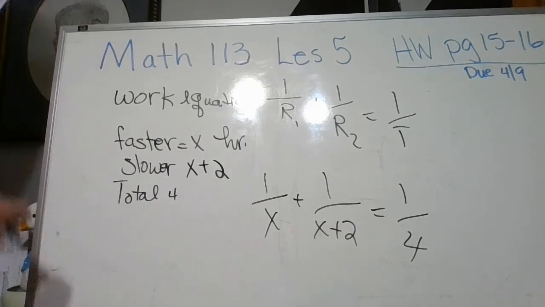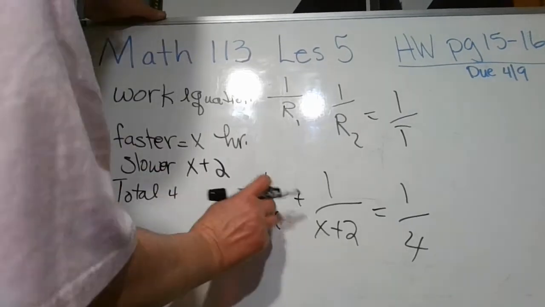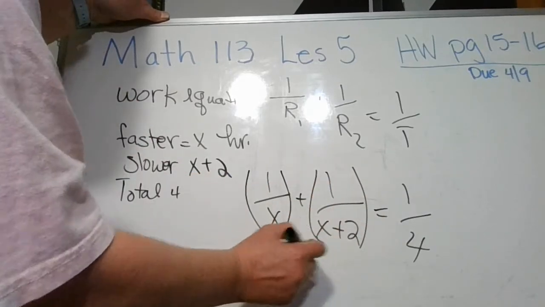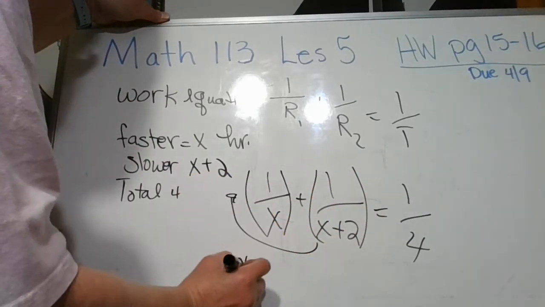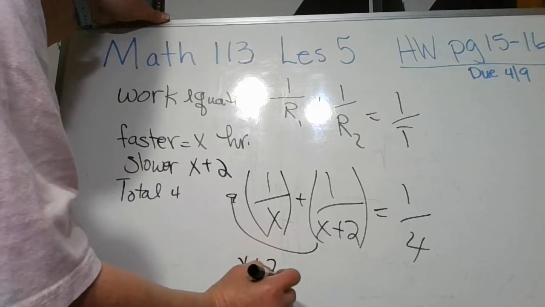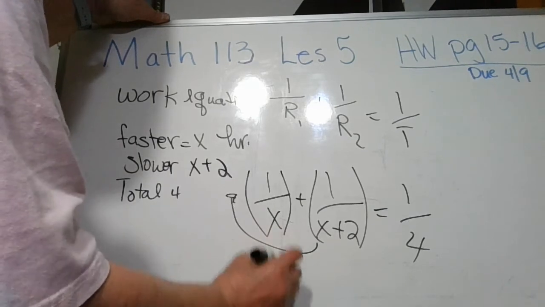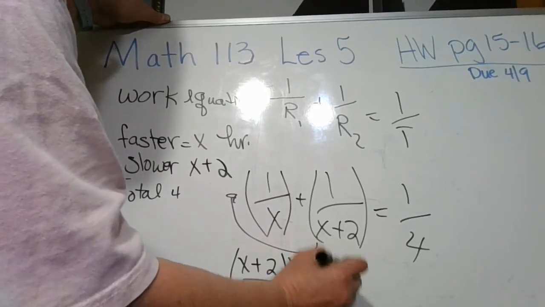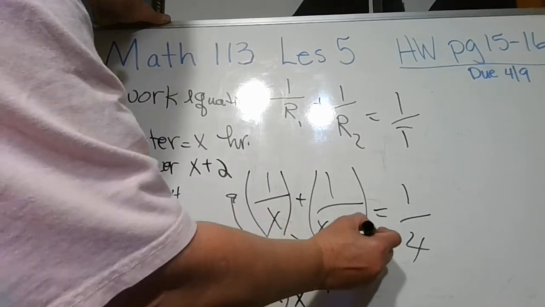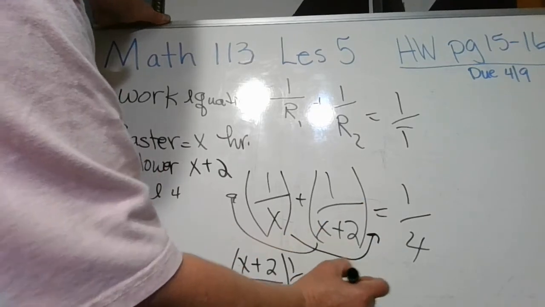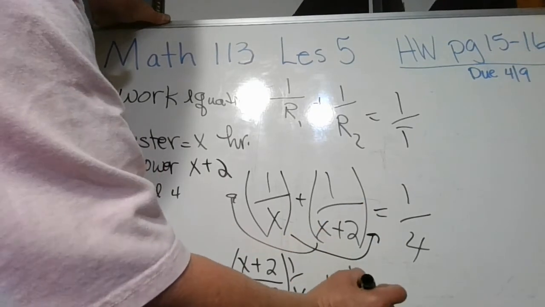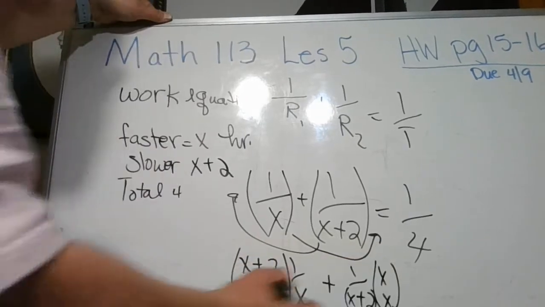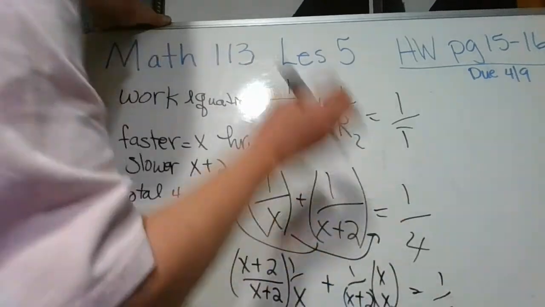Okay, so let's do it. First of all, let's add these two together. I'm going to have to multiply this guy by this. I'm going to have X plus 2 over X plus 2 times 1 over X, plus, and I've got to multiply X over here, 1 over x plus 2 times x over x is equal to 1 over 4.